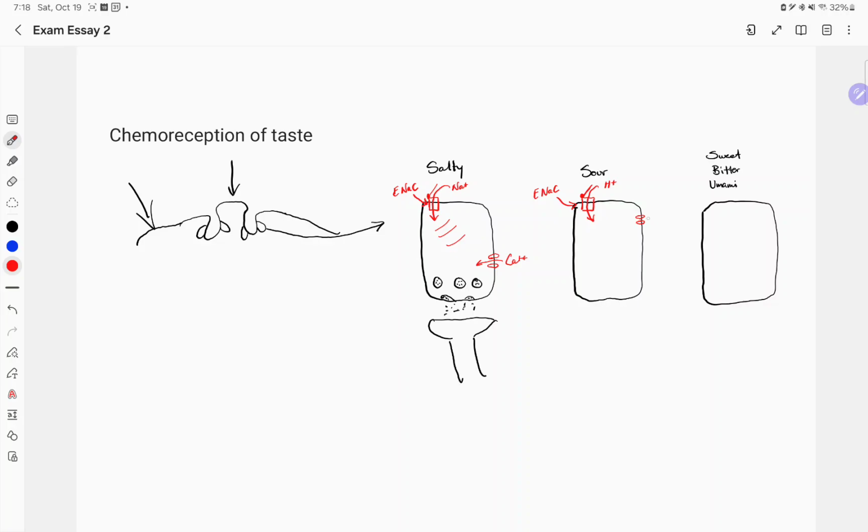And when you have a bunch of hydrogen come into the cell, on these taste bud cells, you have also potassium channels here. And all this hydrogen is going to close the potassium channel, so stop potassium from leaving the cell.